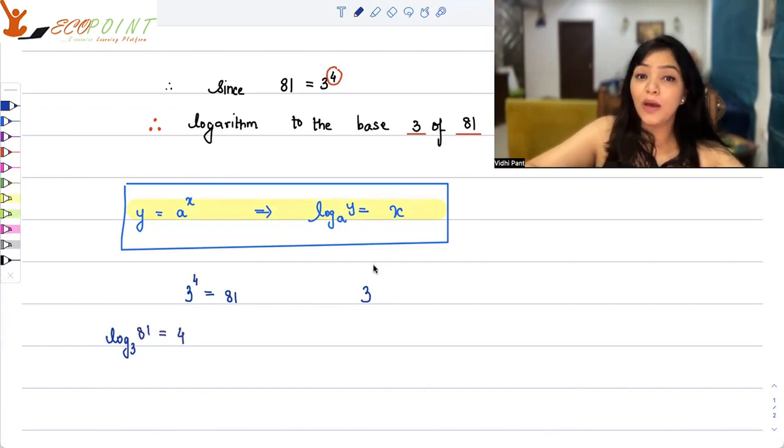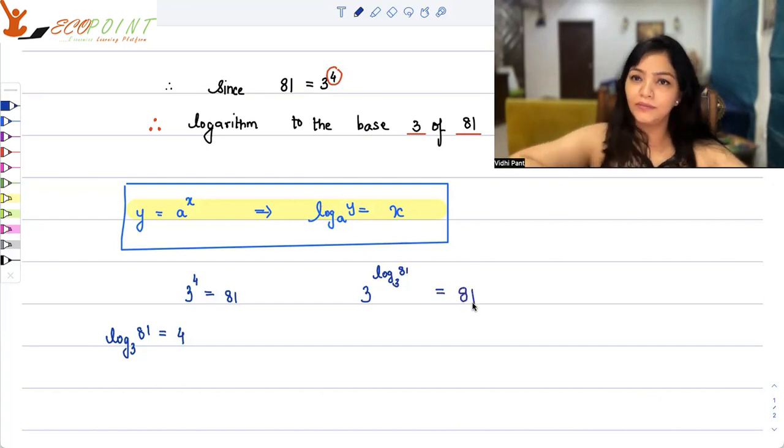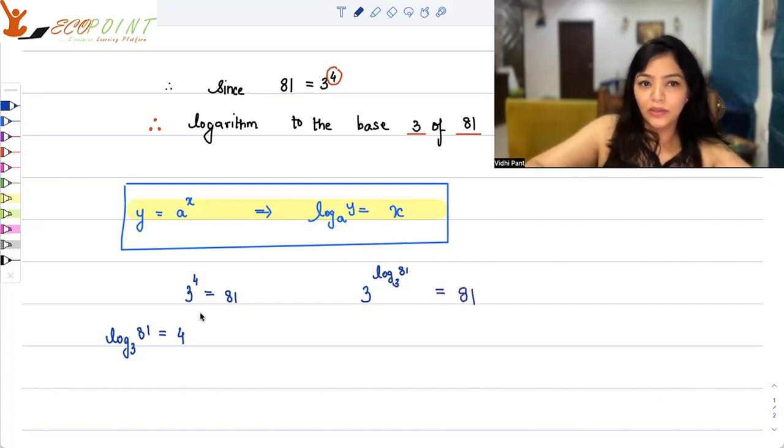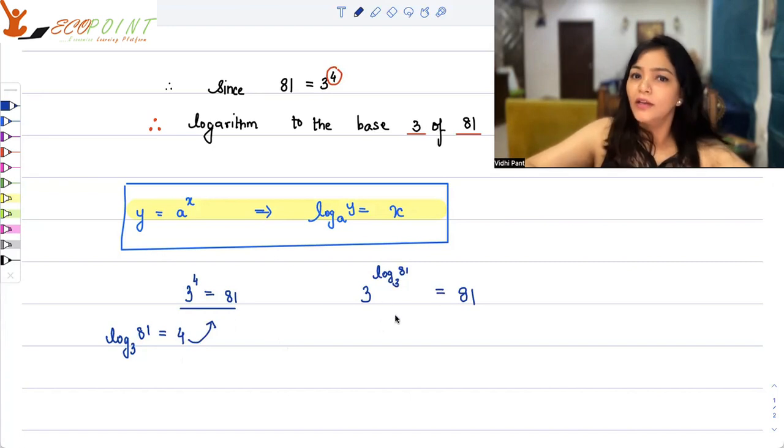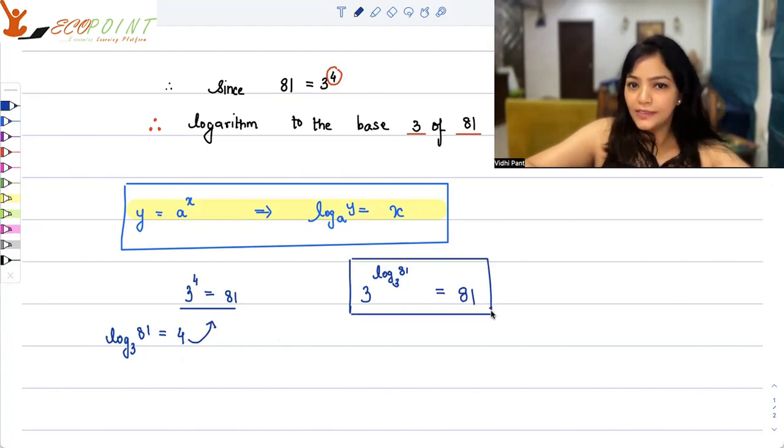So this means in 3 to the power 4, I can substitute log base 3 of 81 in place of 4 and write it down as 81. So in this equation, if you substitute for the value of 4, write it down in terms of log, this is what this equation will give you, right? This is a very common way of writing power.